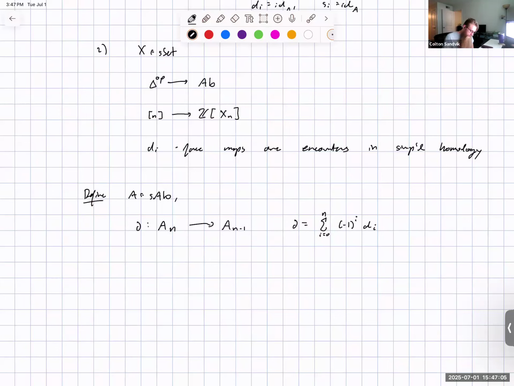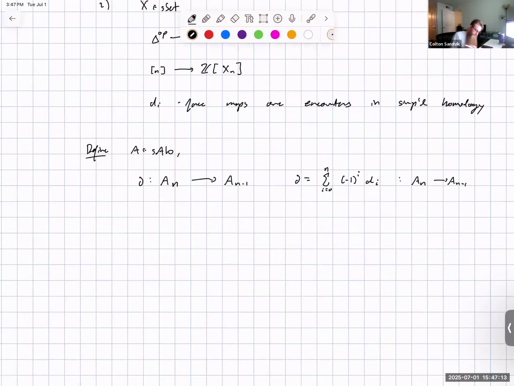And what one can check using the exact same argument as in intro to topology is that the square of this map is zero.